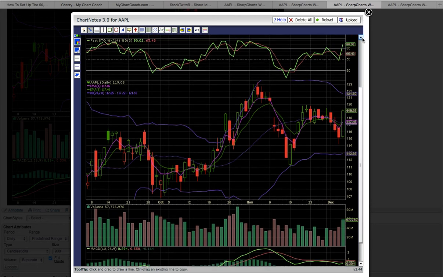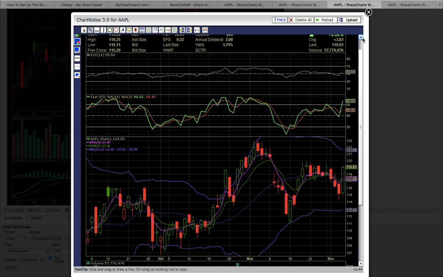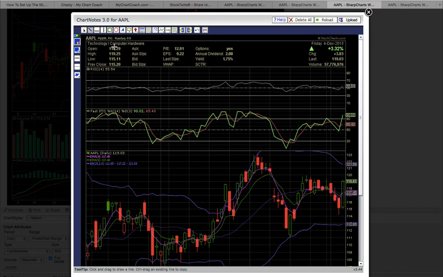Okay, also, the open on Friday, if you look up here, was at 115.29, and the previous close was at 115.20. So the open was above the previous close. So this also formed a bullish one white soldier reversal pattern.